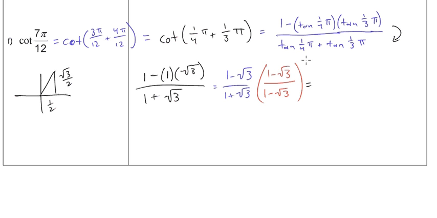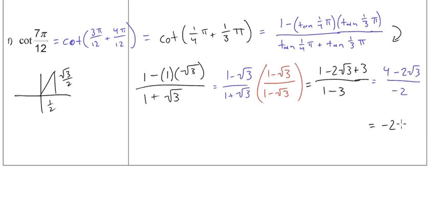That gives us 1 minus 2 root 3, oh sorry, plus 3, over 1 minus 3. 1 plus 3 is 4, so 4 minus 2 root 3 over negative 2. And our final answer is going to be negative 2 plus the square root of 3.